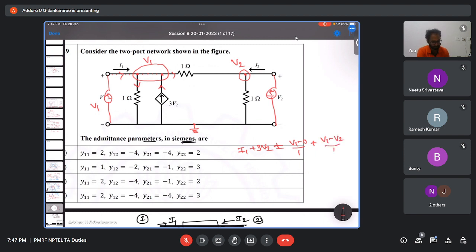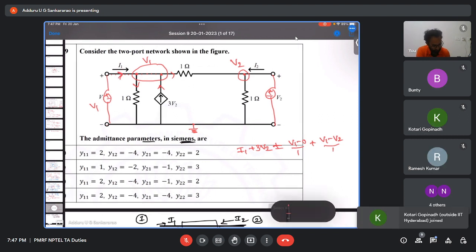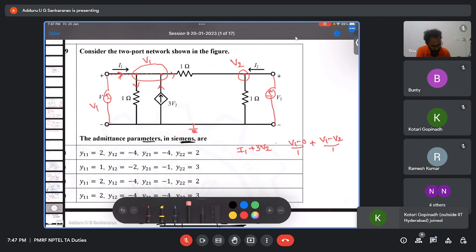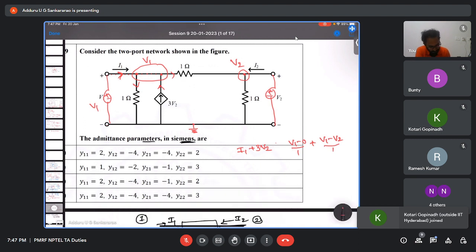Is that okay? Entering current I1 plus entering current 3V2, it's a dependent source, equal to leaving current: V1 minus 0 by 1 ohm plus V1 minus V2 by 1 ohm.